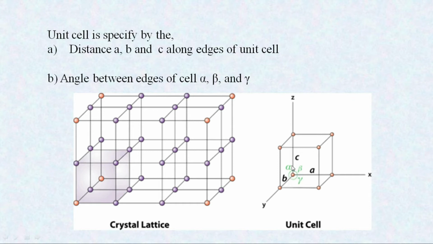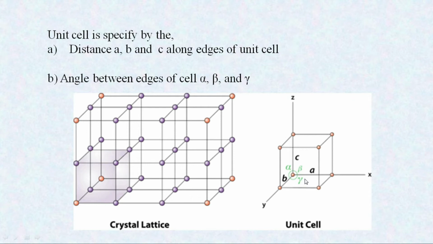Similarly, the angle opposite of the y axis, in other words the angle between zy and yx plane, is beta angle, and the angle opposite of the z axis, that is the angle which lies between xz and zy, is called gamma angle.